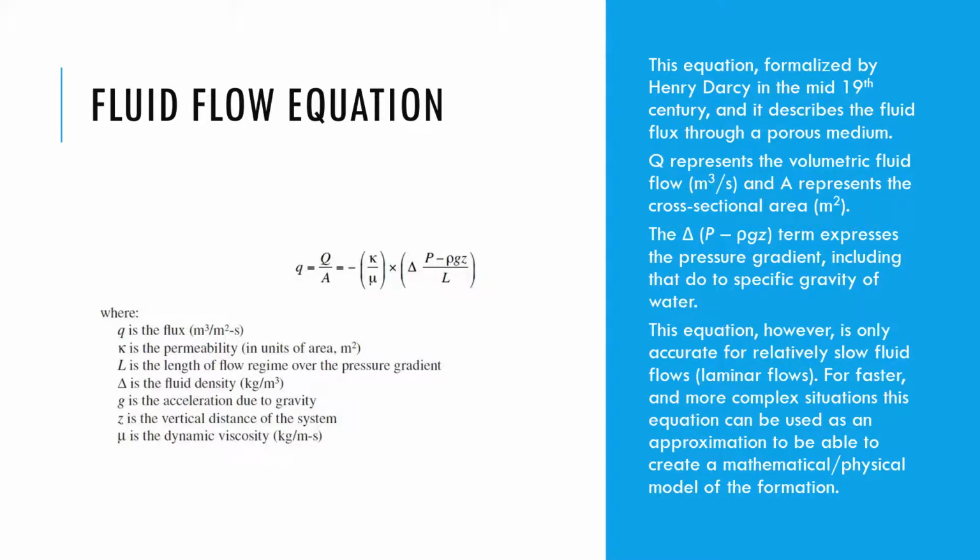As you can see, there are two parts to the equation, so you can either solve it just using the volumetric fluid flow over the cross-sectional area if that information is available to us, or the longer, more extended version includes the permeability, which is K, and the dynamic viscosity, which is mu. So it's negative K over mu times the pressure gradient over L, which is the length of the formation that we're interested in. This equation, however, is only accurate for relatively slow fluid flows, so laminar flows.